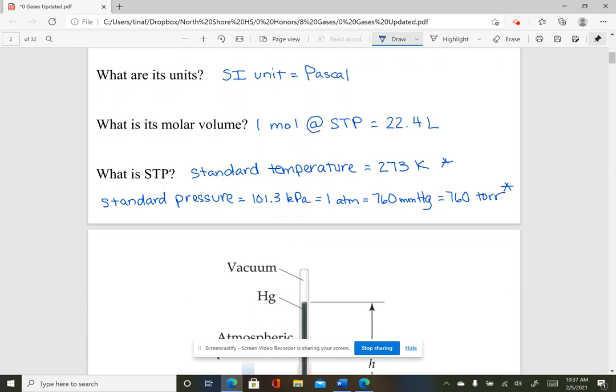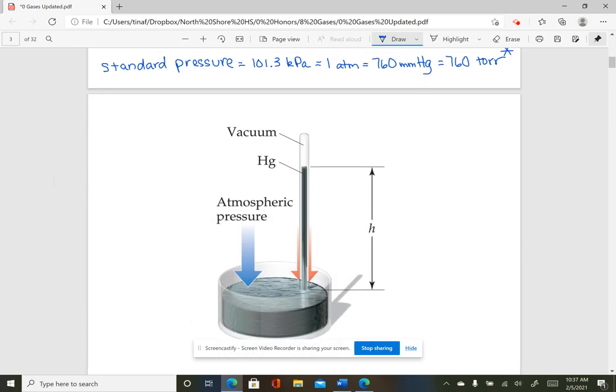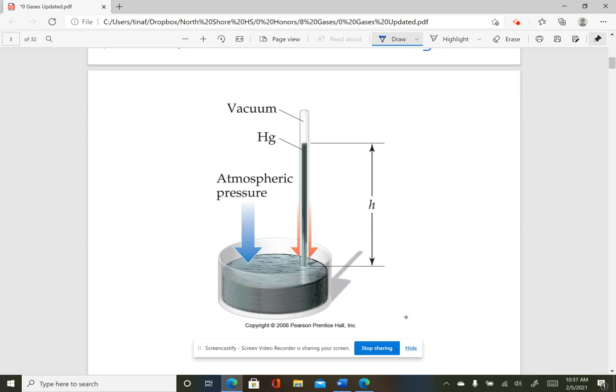Okay, so let's get to these instruments that we were talking about. So this is called a barometer. And a barometer measures atmospheric pressure. So we are surrounded by air.